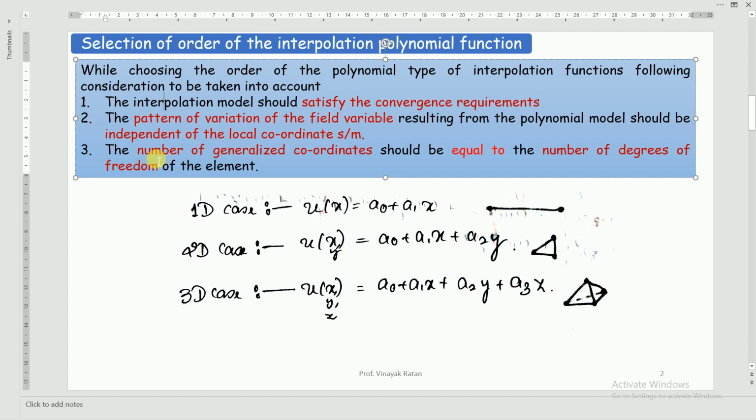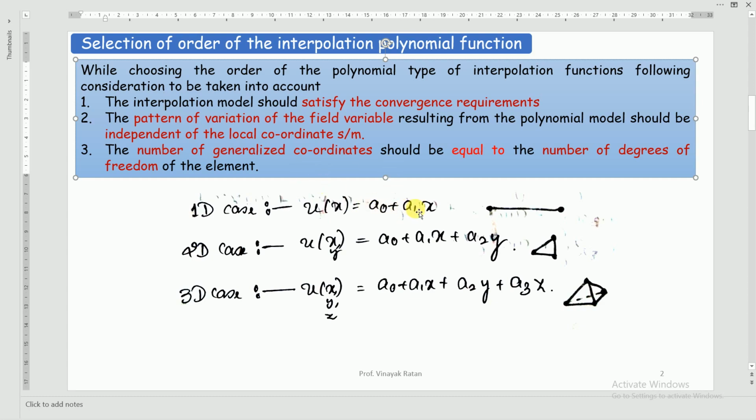And the number of generalized coordinates should be equal to the number of degrees of freedom of the element. What are these generalized coordinates? You are writing these equations for polynomial functions, a0, a1, a2. What are these? These are constants, and these constants are called generalized coordinates.